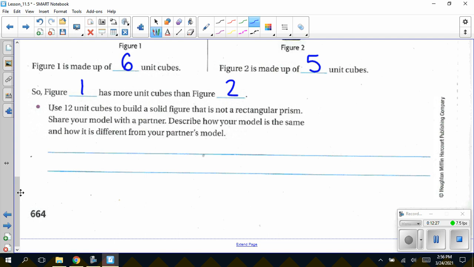Well, obviously, you are not going to have those unit cubes to create your models, but you should make sure that you understand that as long as you have 12 unit cubes, your volume would still be using those 12 cubes. So your volume would still be your 12 with your unit cubes. And that your pictures would still be similar because you have the same number of cubes.